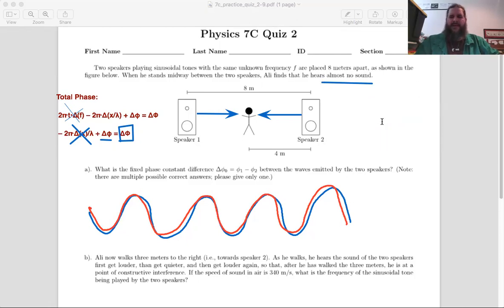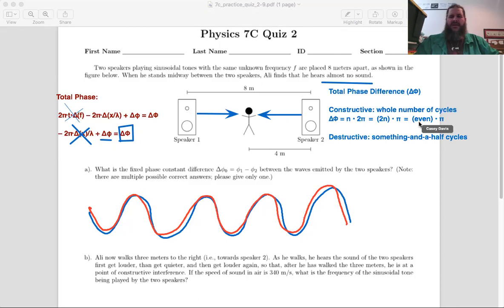Even. Yeah. So a useful way to think about this is an even number times pi. Not that there's anything particularly special about even numbers in this context. We're looking for a whole number of cycles. But since a cycle is 2 pi, a whole number of cycles works out to any even number times pi. And that could be positive or negative.